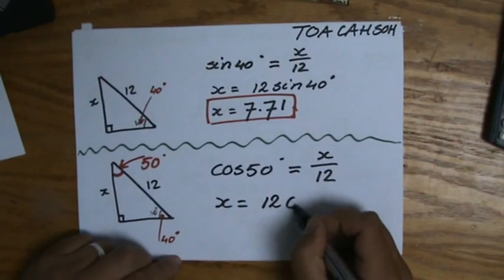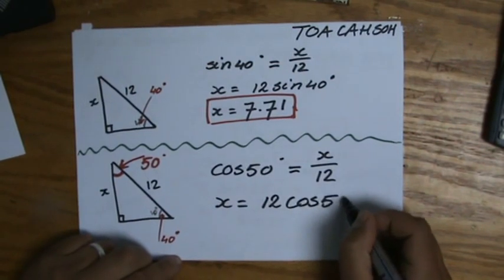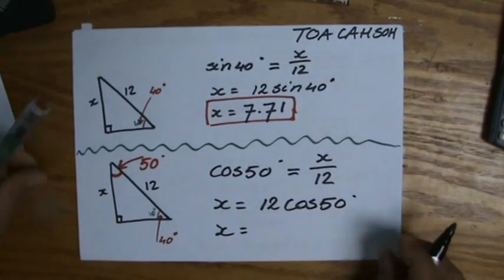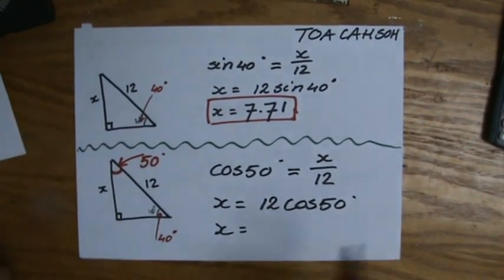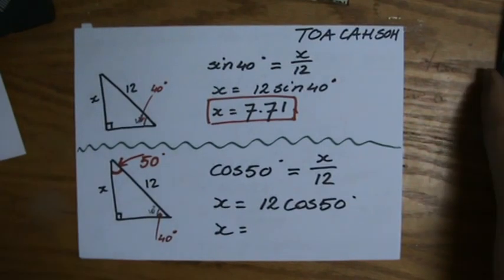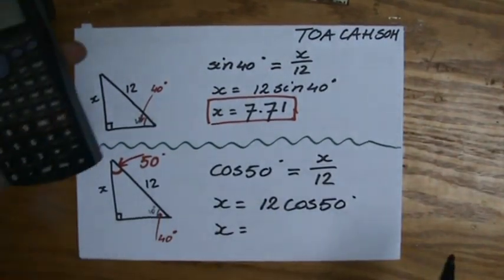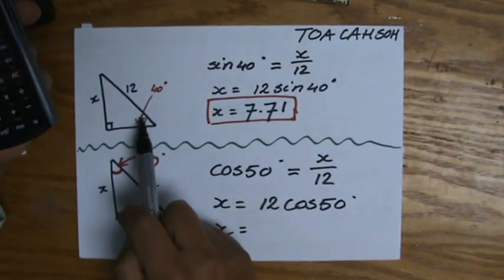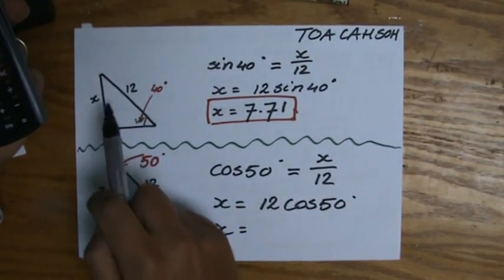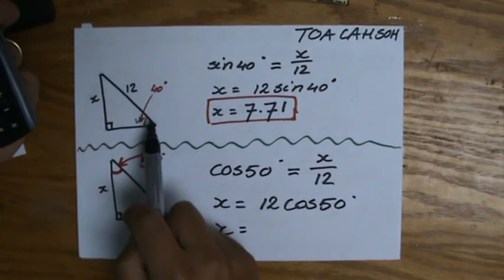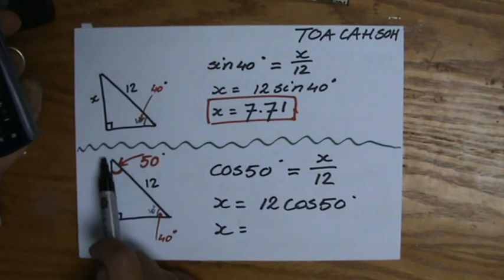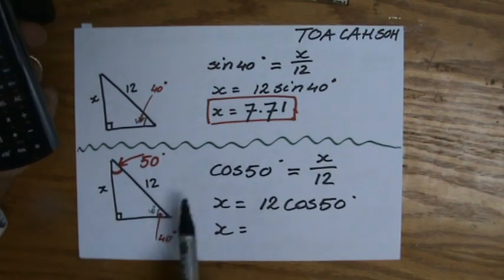So 12 times the cosine of 50 degrees. So again, this now should give me the answer of 7.71 to 3 significant figures. And I hope you understand what I'm trying to do. Again, I'll just quickly summarize that. Here I was doing the sine, that was my opposite x over the hypotenuse. And now here, x became my adjacent over the hypotenuse, so the cosine.